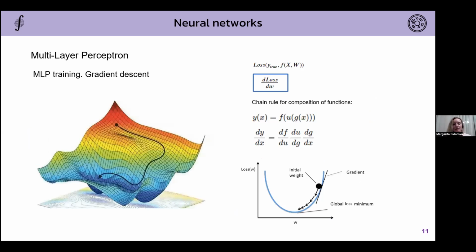For that, in backpropagation, gradient descent is done, and we should calculate the derivative of the composition of functions, the derivative of the loss function for each weight, to understand the gradient, the slope of our loss function.